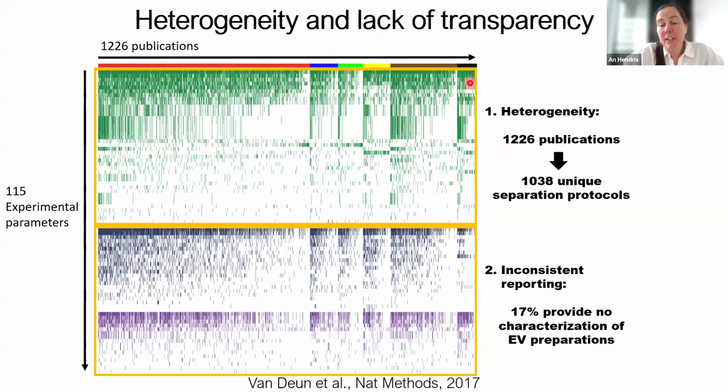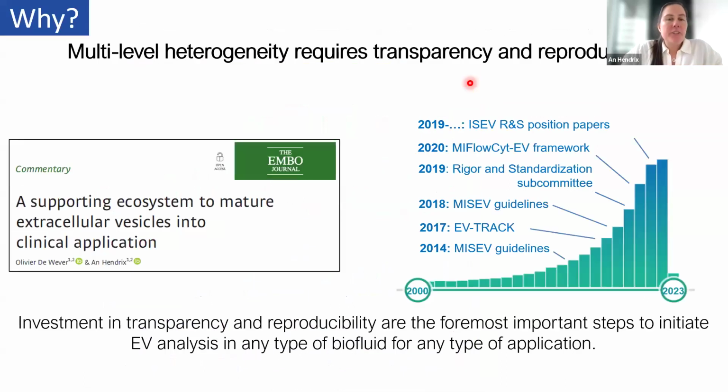And besides that, almost 20% of these publications did not perform any downstream characterization of the preparations that they obtained. So this work, first published in 2017 based upon a literature analysis between 2010 and 2015, illustrated first of all that there is a huge methodological heterogeneity, but that there is also a lack of transparency in reporting the results of these studies.